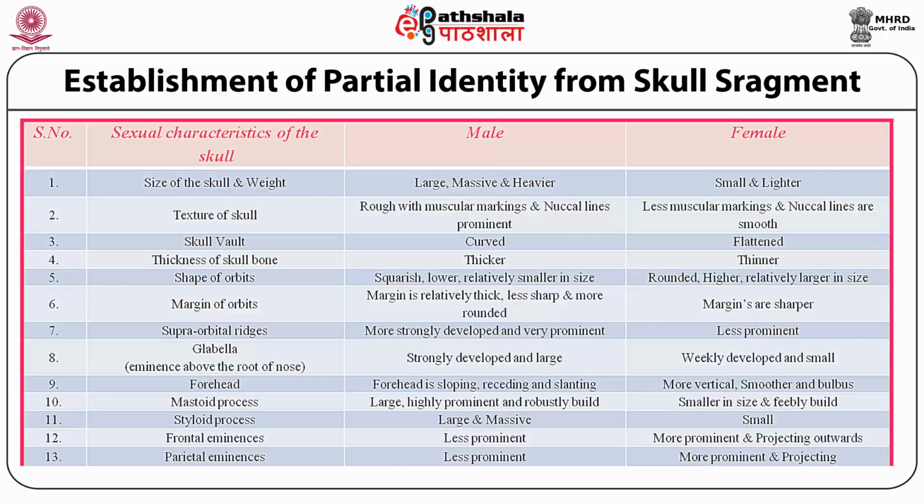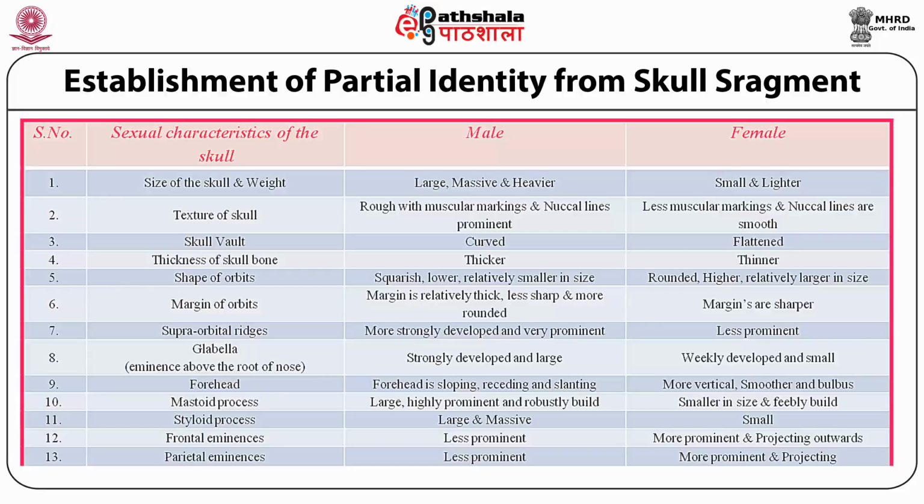The partial identity establishment can also be done with the shape of orbits, that is squarish, lower, and relatively smaller in case of males, and rounded, higher, and relatively larger in case of females.